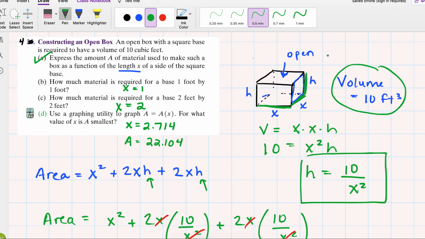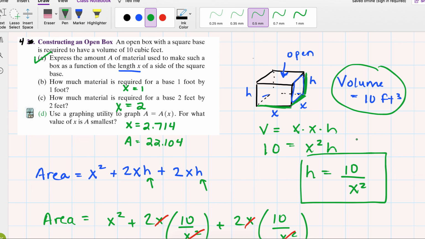So if we have a box like this where we want the box to have a square base and we want it to have a specific volume, so we want the box to hold 10 feet cubed of material. Let's say we got an order from a company that says, hey, can you build a box that holds 10 feet cubed of material? And you're like, sure, we'll make you the box, but we want to do it as cheaply as possible so we can maximize profit, right?